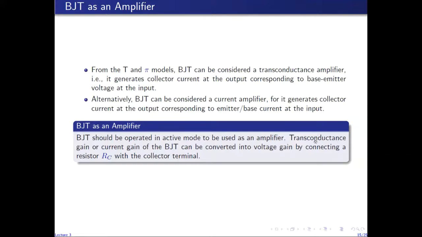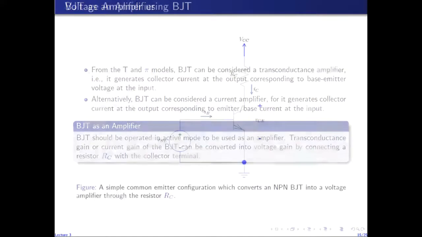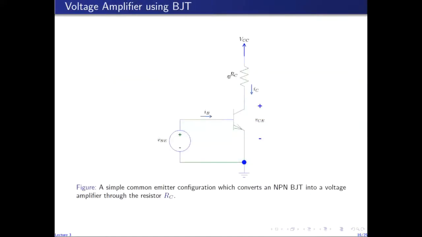And the resulting transconductance or the current gain of the BJT can be converted into the voltage gain through this circuit by connecting a resistance RC with the collector terminal. So in this circuit, we consider the collector emitter terminals as the output port and base emitter terminals as the input port, with emitter terminal as common. That is why this is called a common emitter configuration.